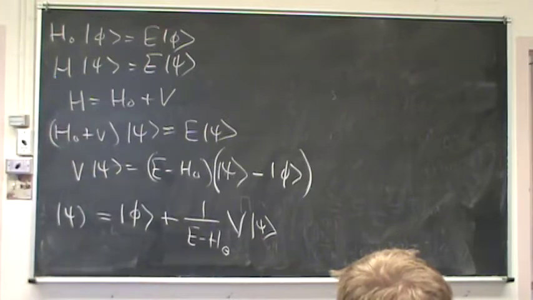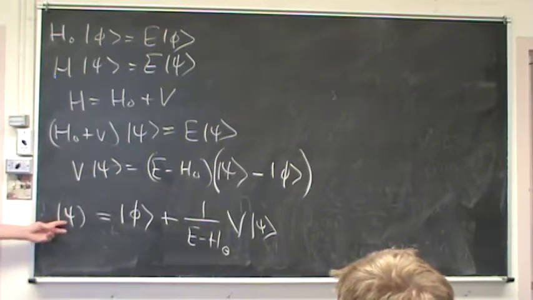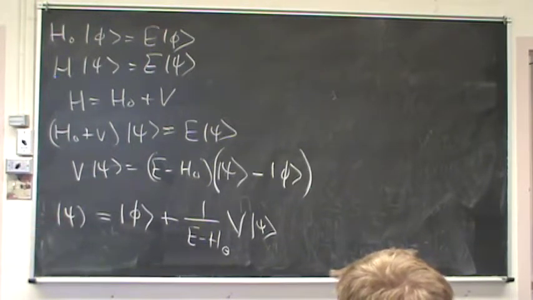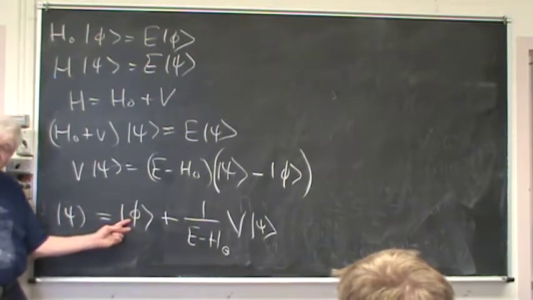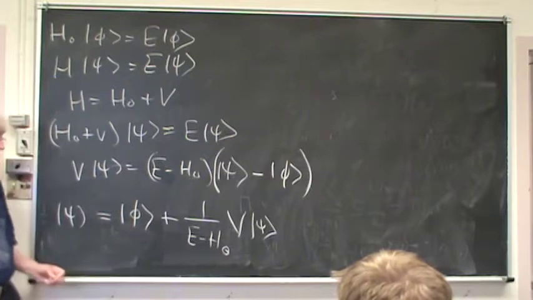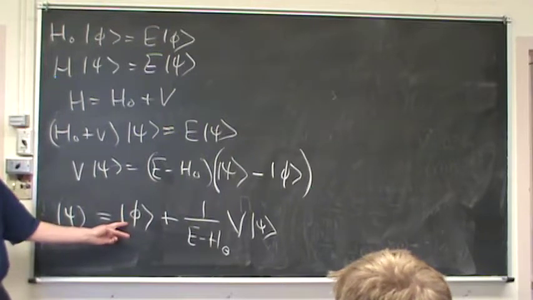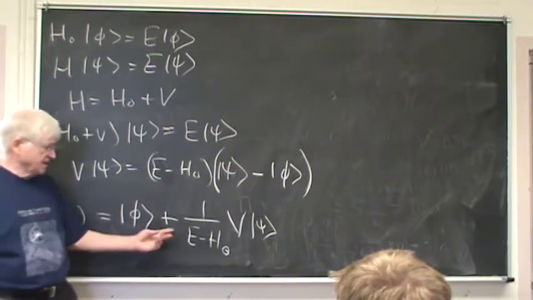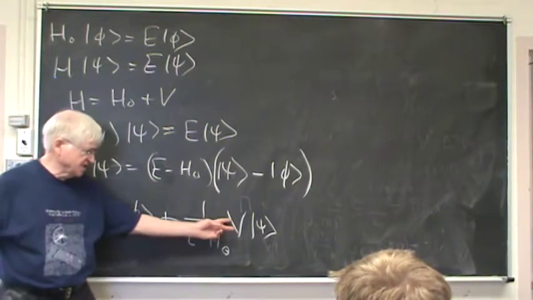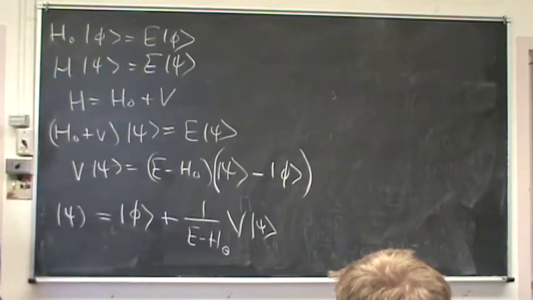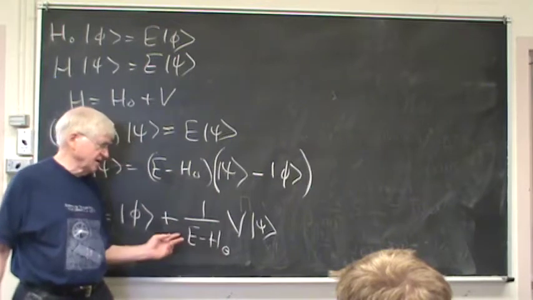So that's the Lippmann-Schwinger equation: the eigenstate of the full Hamiltonian is the eigenstate of the free Hamiltonian with the same energy, and in lowest order perturbation theory, that's all we have. Then we add in this expression here. The cute thing is that it's such a simple formula.